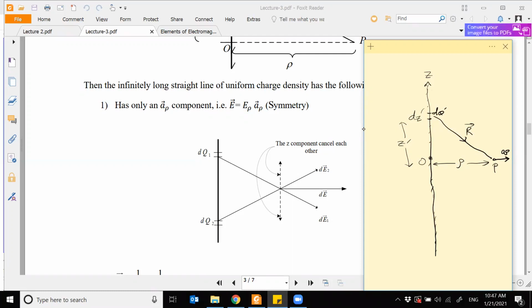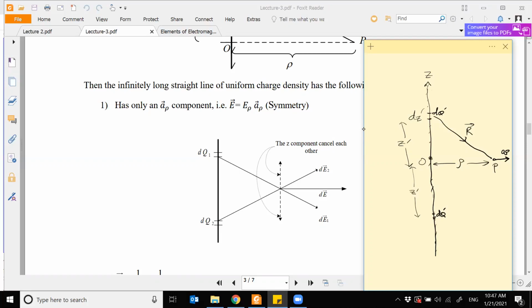Since it's an infinitely long line, you can assume that you have a small same elemental length dq dash at the negative side, also at the same height.